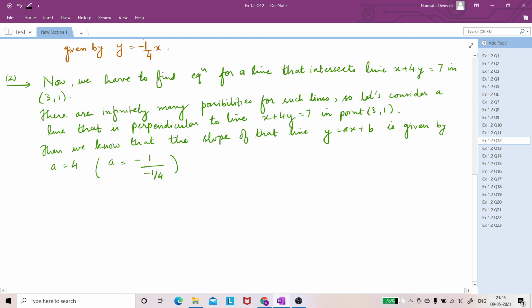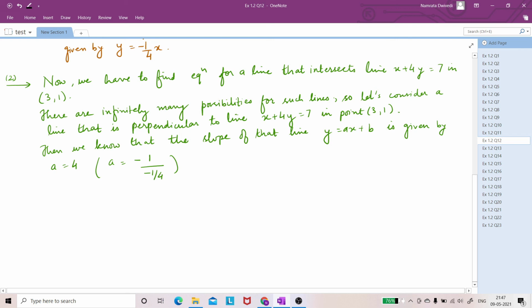In other words, it is the negative multiplicative inverse of the slope of the line to which it is perpendicular. Yes, this is what it means.